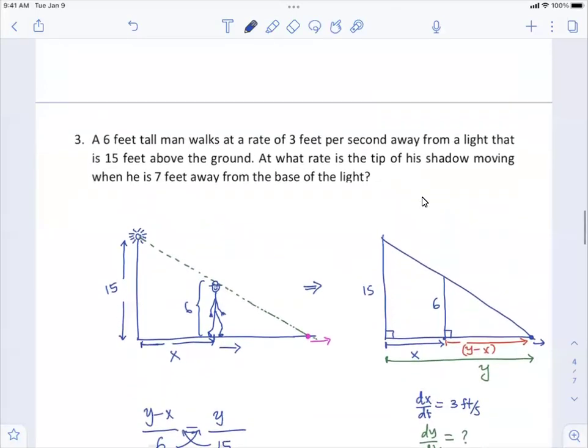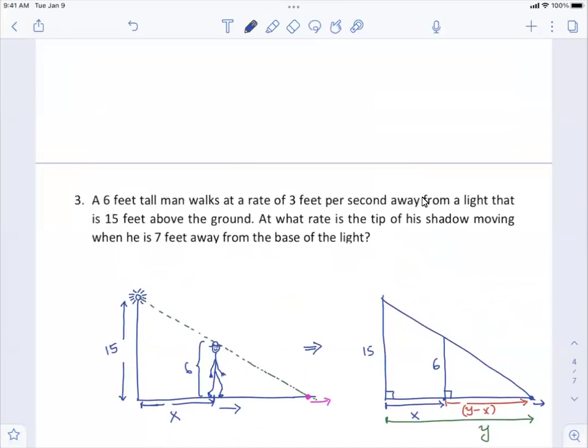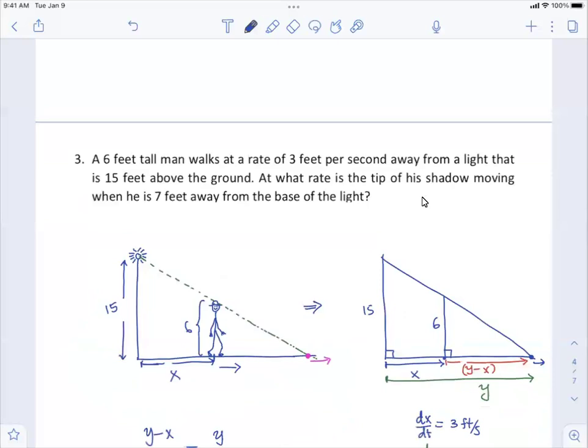Now, the next step is, once we have this, this is a concrete picture of the scenario, a concrete application. However, sometimes it could be overwhelming with some unnecessary information. Here I drew the person, here I drew the light bulb.